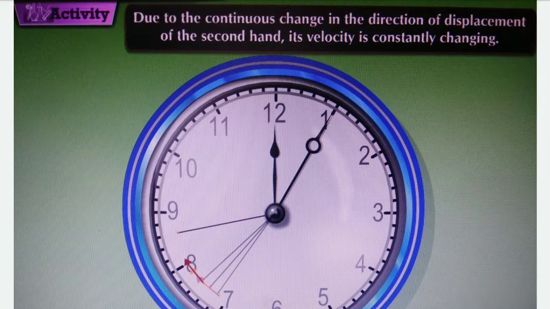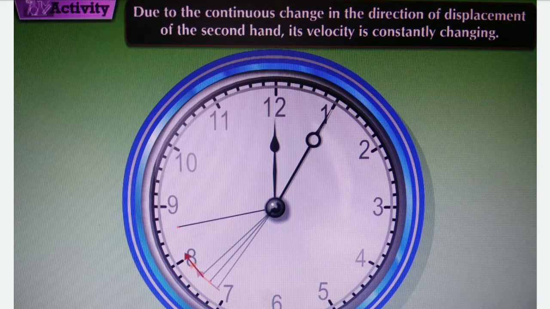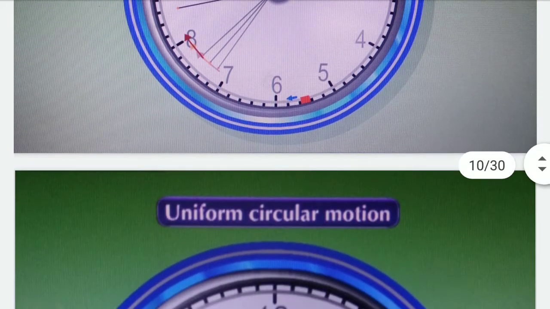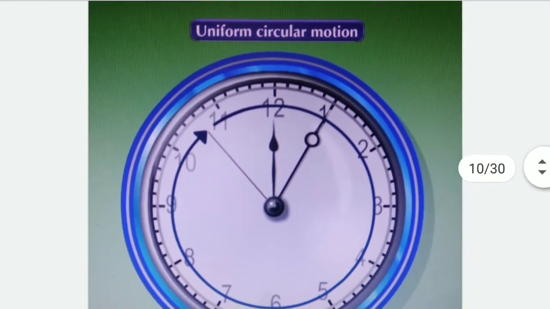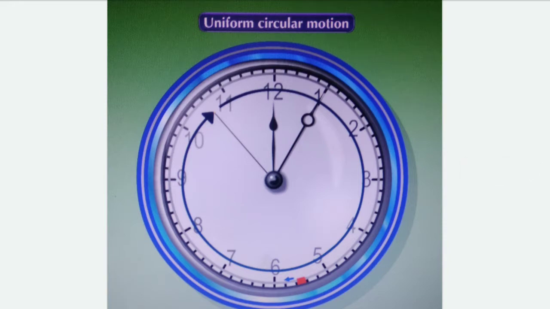Due to the continuous change in the direction of displacement of the second hand, its velocity is constantly changing. And this is called uniform circular motion.